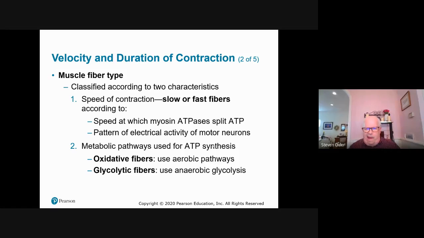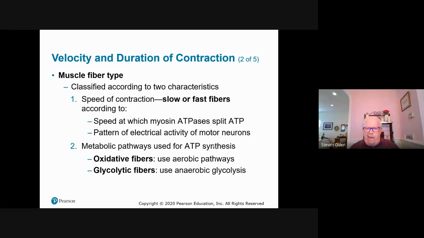The metabolic pathways that use ATP are of two types, and these are the most important things on this slide. You have oxidative fibers, which use oxygen. Therefore, by definition, they are aerobic. Or glycolytic fibers, which don't need oxygen and use anaerobic glycolysis.